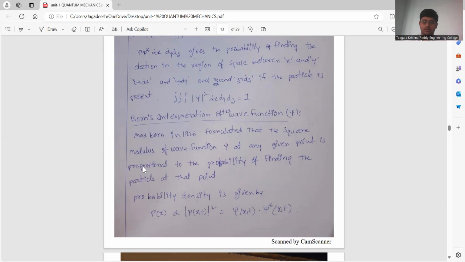Both are considered in the Schrodinger applications. In the application of the Schrodinger equation, we find the probability density, which is proportional to the wave function. That's why both are used in the application of the Schrodinger wave equation.